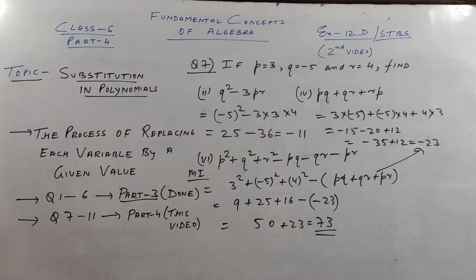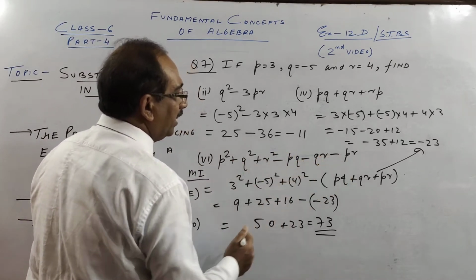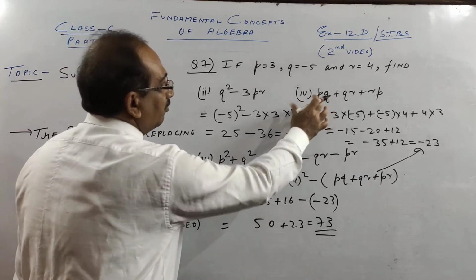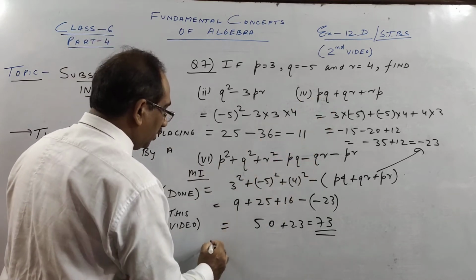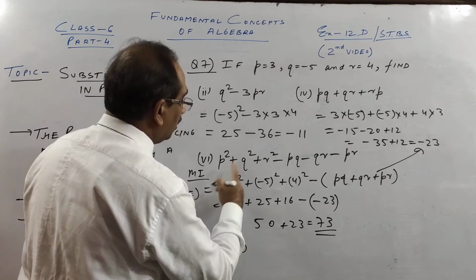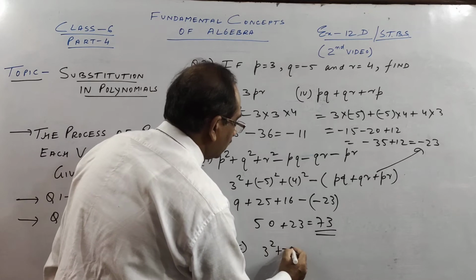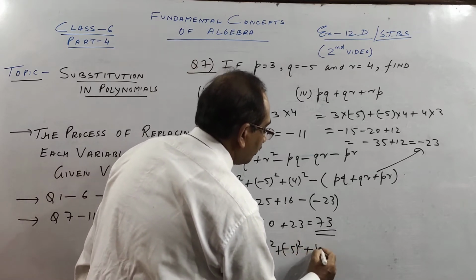Now I will tell you in short method 2. So this is method 1. In method 2, we will find each part individually, and substitute fully, so method 2 will be detailed. We write the same thing: first part, 3 square plus minus 5 square plus 4 square.